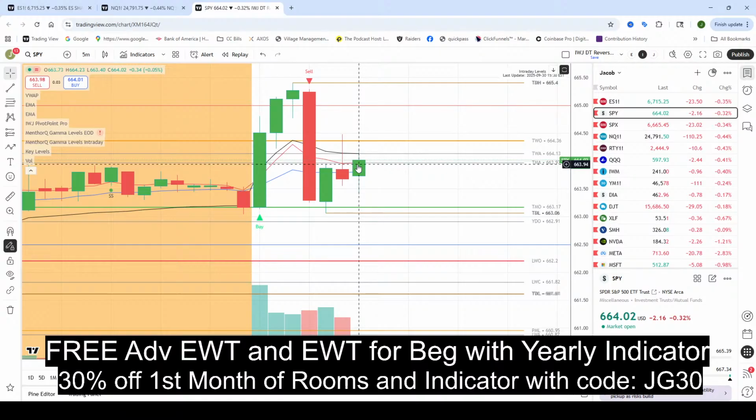So where price is in relation to the call and the put is going to dictate that difference. But the out of the money stuff is going to dictate what the market thinks the moves are. More often than not, when that's the case, markets are going to move in the direction of the more expensive out of the money price.